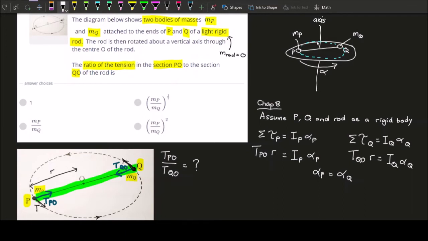So with that said, we can make this even neater by changing this to be T_PO over I_P equals alpha over R. Then T_QO over I_Q will be equal to alpha over R as well.